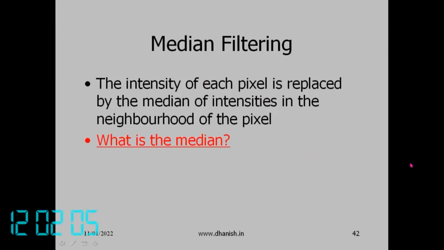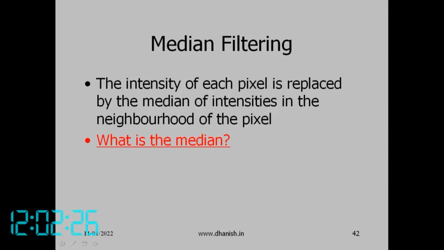So what is median? We have discussed it now, and we are going to see it. Median is the middlemost number. So if you have numbers 3, 4, 5, what is the median? 4. If you have numbers 3, 4, 5, 6, what is the median?